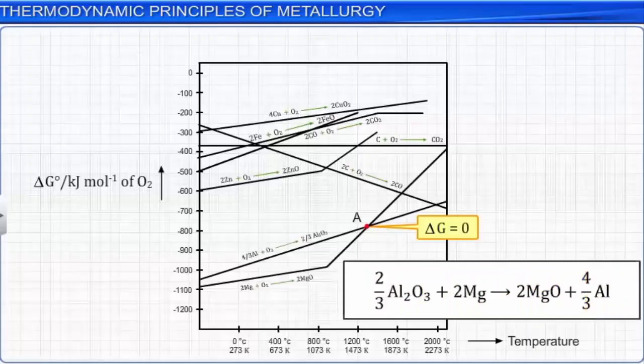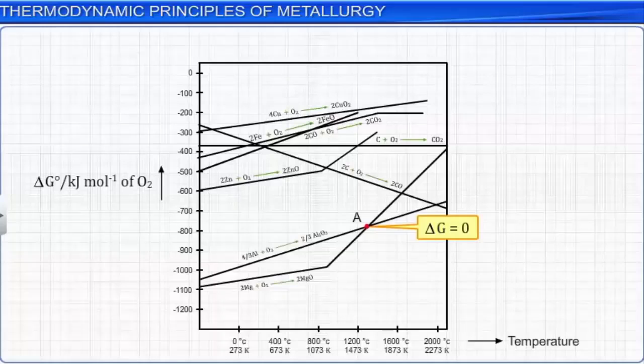Thus, you can say that magnesium can reduce alumina only below the temperature corresponding to point A. At temperatures greater than 1273 K, magnesium cannot reduce alumina.